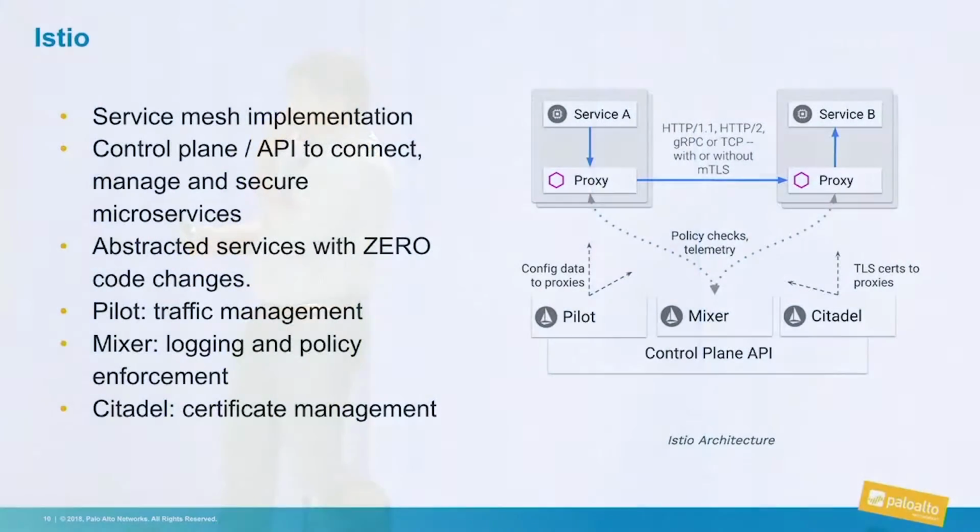Istio actually allows you to abstract out fundamental services that your development team and your applications absolutely need. So let's talk about what they are. Encryption. You need encryption between your services. You need mutual TLS. You need authentication, and a host of other services that are required by every application.